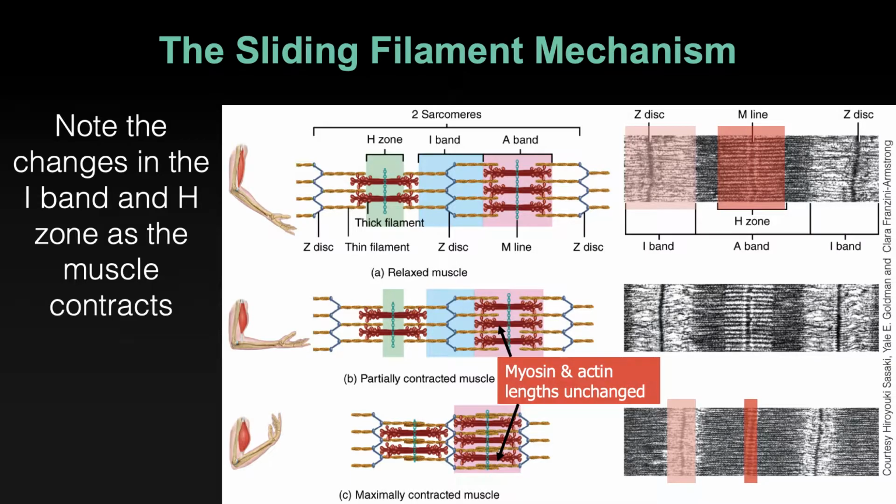Right? The red proteins, the yellow proteins, they're all the same length. There's just more overlap. The lengths are unchanged, even though everything seems to be compressing. Filaments slide over top of each other, hence the name, the sliding filament mechanism.